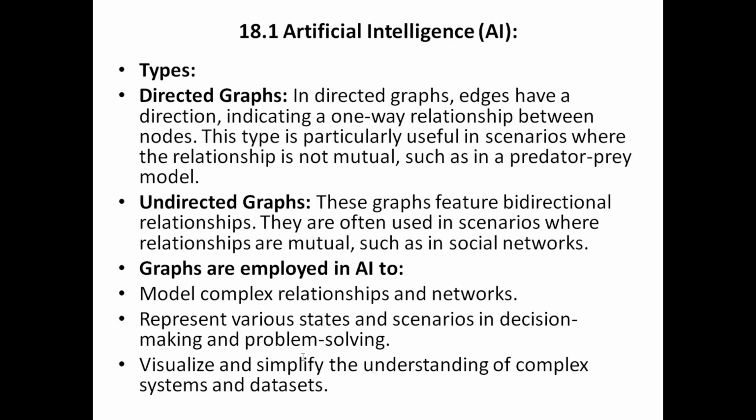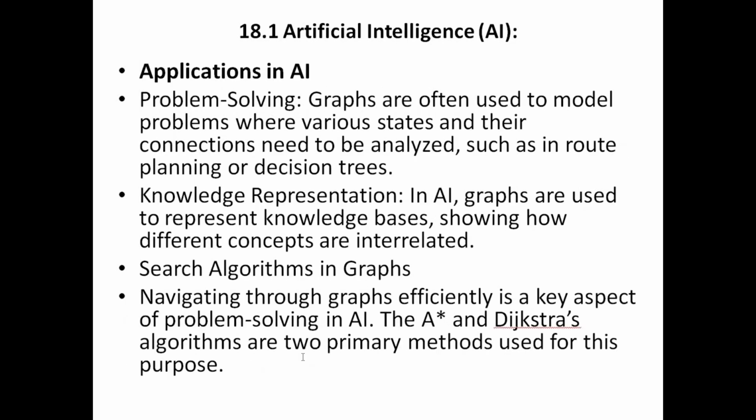Now let's discuss why and how graphs are needed in AI. Graphs are needed in order to model complex relationships and networks. They represent various states and scenarios in decision making and problem solving. They are a visual way of simplifying the understanding of complex systems and datasets.